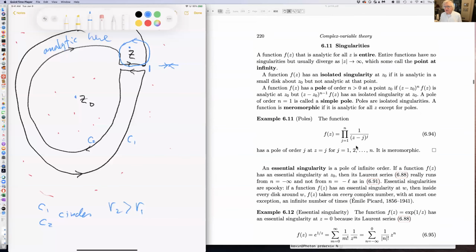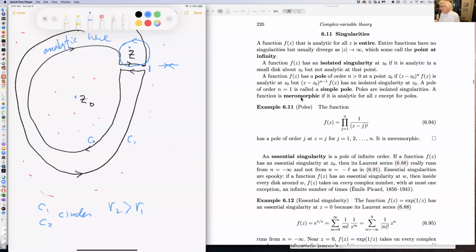so that's a recipe that typically works. All right, now this is just some nomenclature, some definitions of singularities. Well, you know that we've said that a function f(z) that's analytic everywhere is entire. That's the word for analytic everywhere. So they have no singularities.